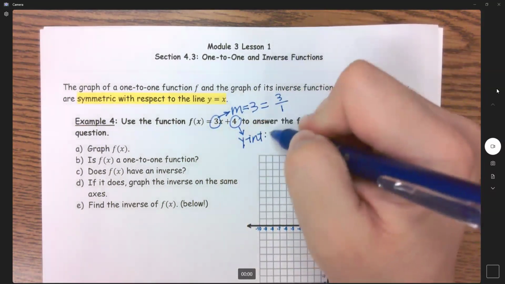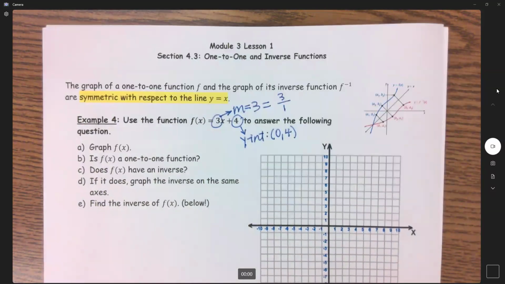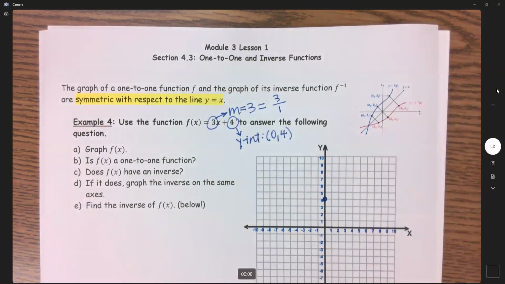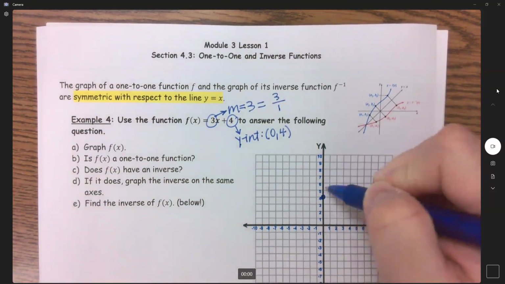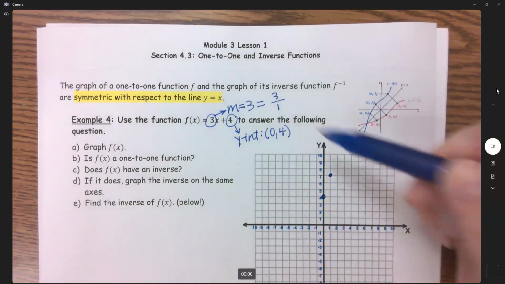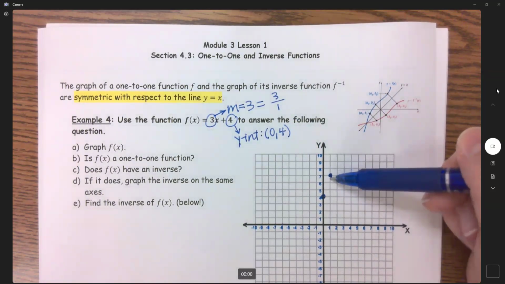So my y-intercept is at 0, 4. So when I go to graph, we're going to start at that y-intercept and then use your slope to plot your points. We'll go up 1, 2, 3. That's my rise, and then run 1 positively. So since it's positive over positive, I'm going up 3 and to the right 1.